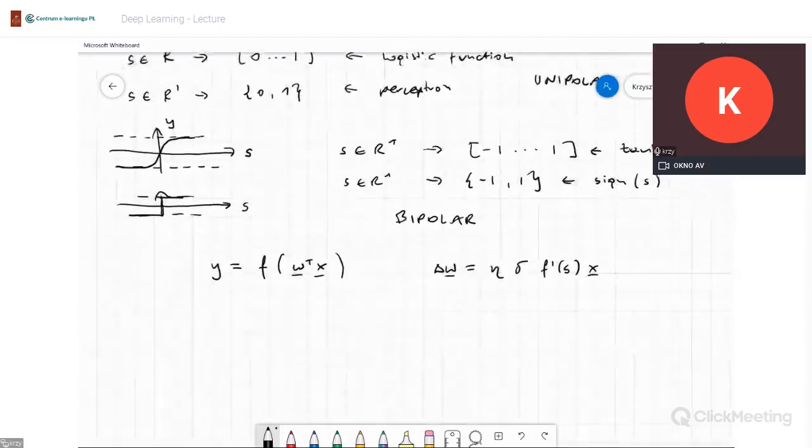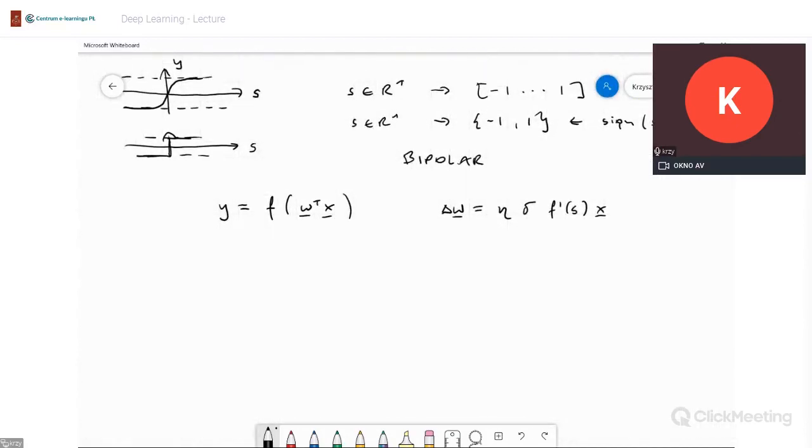And now let's get back to the geometrical interpretation of a neuron's function.